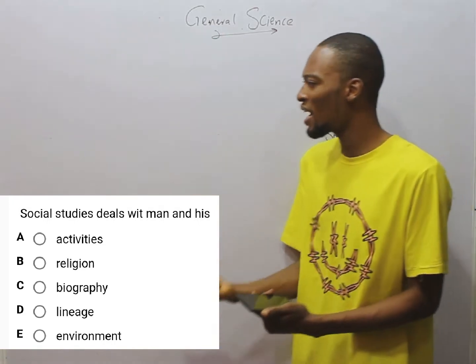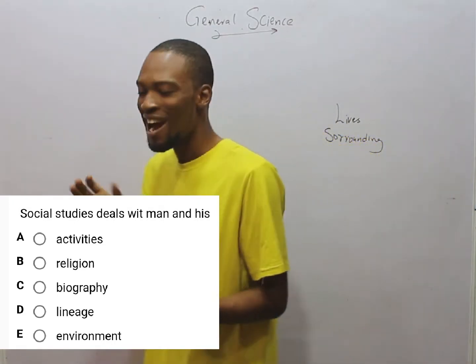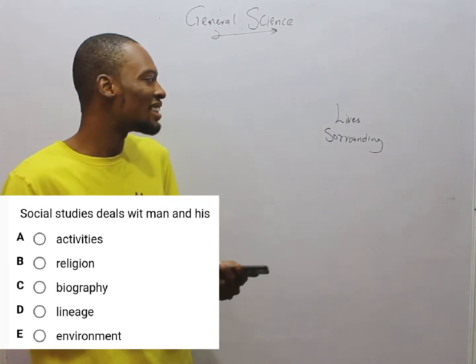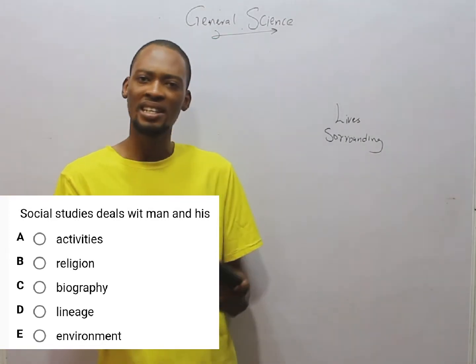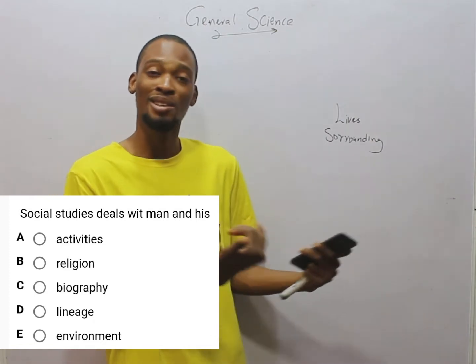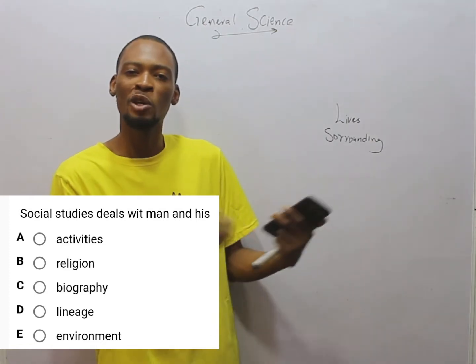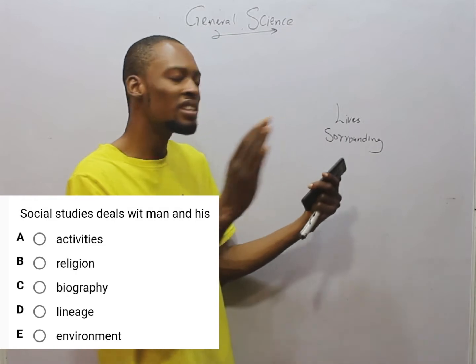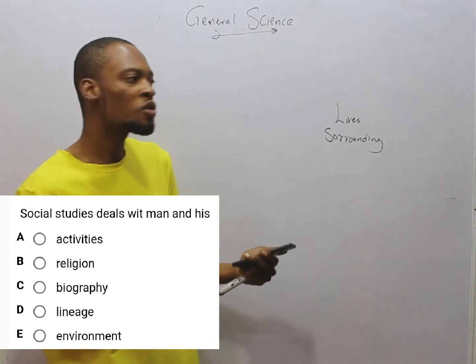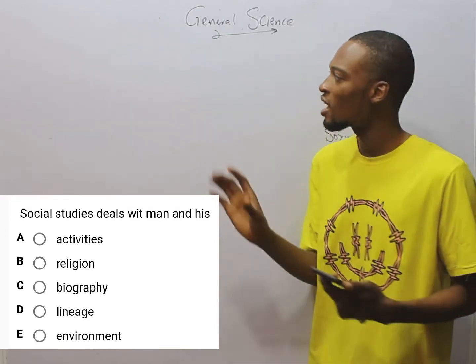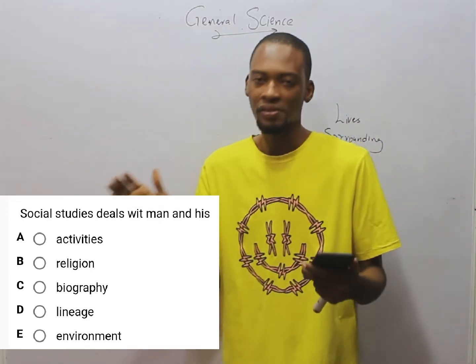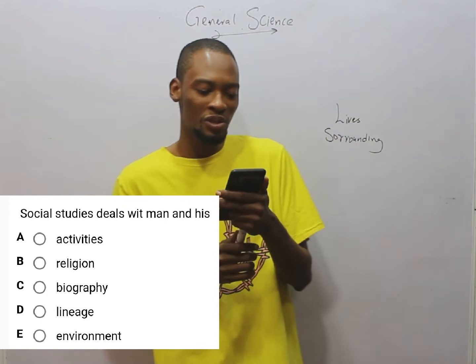When we talk about man, you may be wondering, how about woman? Man generally speaks about human beings. Whether you are a boy, a girl, you have a baby, you don't have a baby yet, you are a father or you are a mom, everything is referred to as man. So social studies talks about human beings and where human beings live. That is the scope of social studies.